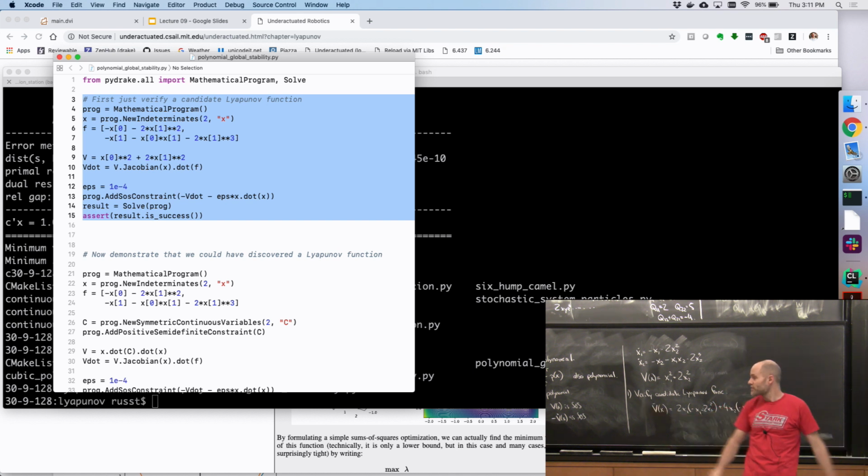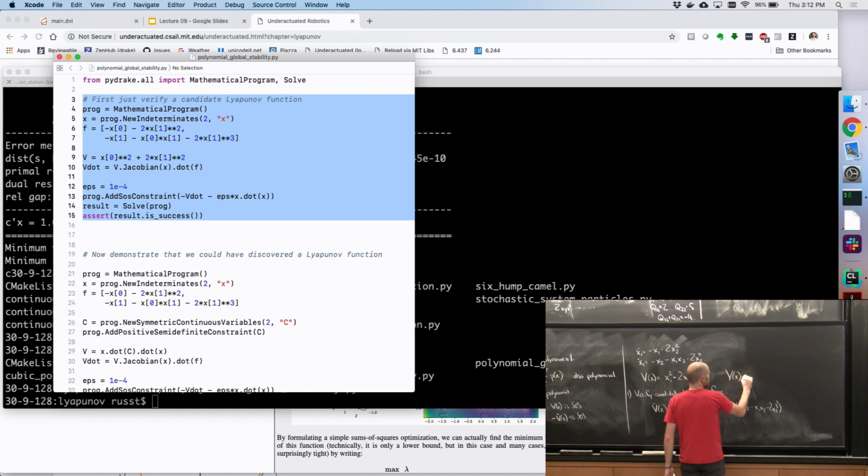Okay, so that's awesome. We don't have to do algebra anymore. We can just type in this and then check true or false. That's already progress, okay? But even better, if I wasn't able to guess that, what I'd like to do instead is say v of x is alpha 0 plus alpha 1 x1 plus alpha 2 x2 plus alpha 3 x1 x2 plus, and I'm just going to list off a bunch of them, okay?